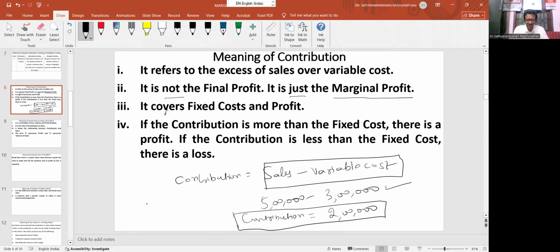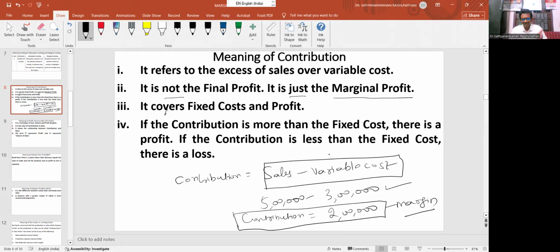So you have manufactured the goods for 3 lakhs rupees, whereas you have sold the goods for 5 lakhs rupees. That 2 lakhs is the margin, which is called marginal profit. So here you are contributing 2 lakhs to the business.